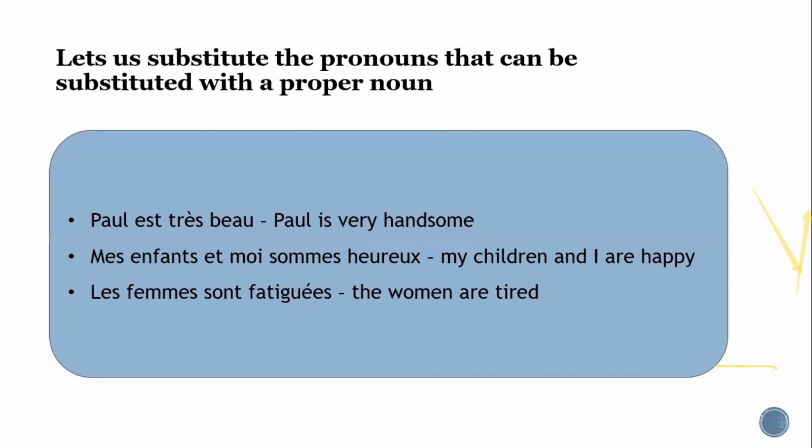Okay, so you're going to distribute this between yourselves. So who's going first? The handsome man in the class should go first. So Samuel, let's have the first one. Paul est très beau.